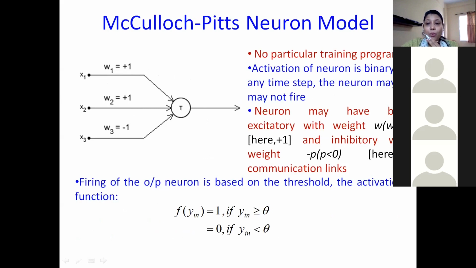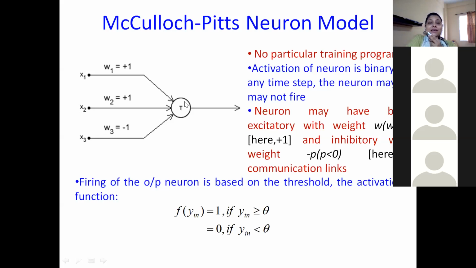Whenever the weights are positive, those weights are called excitatory weights. Whenever the weights are less than 0, that means they are negative, those weights are inhibitory weights. All these weights are associated with the communication links from one neuron to another.